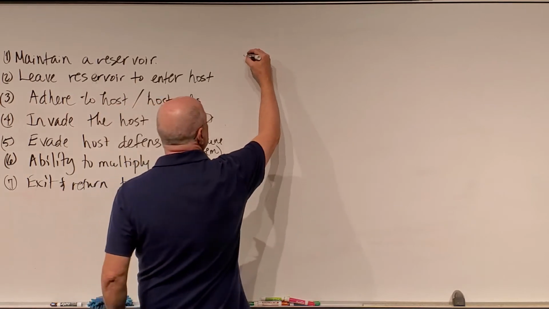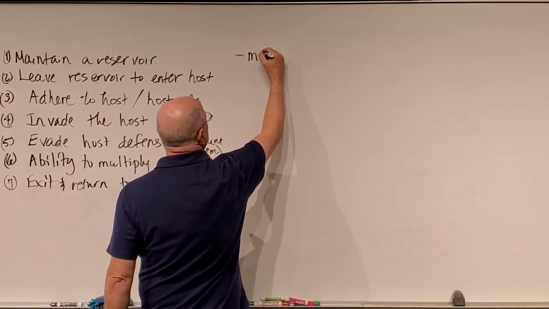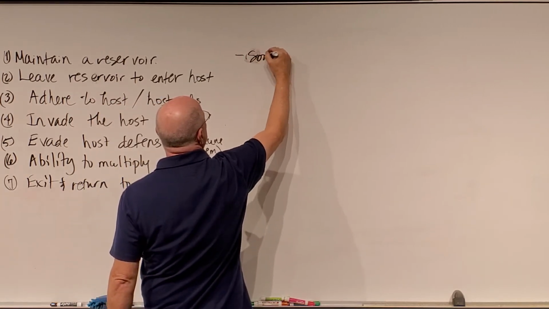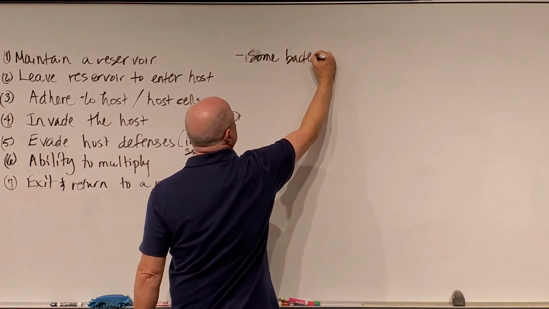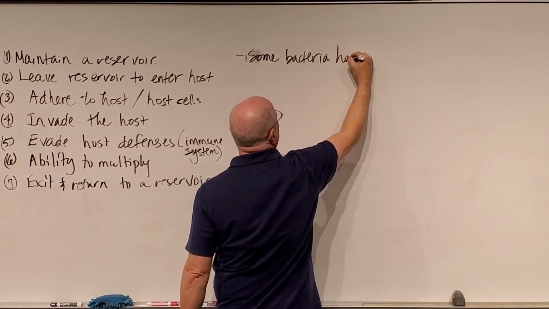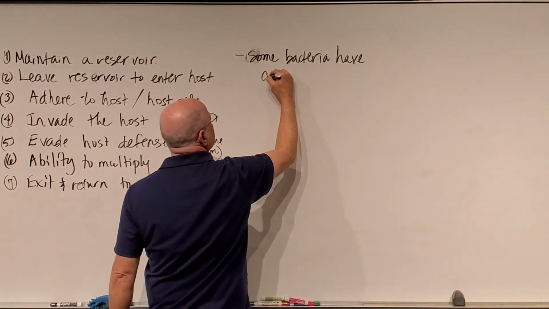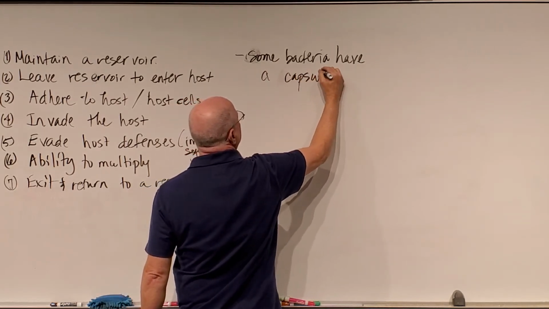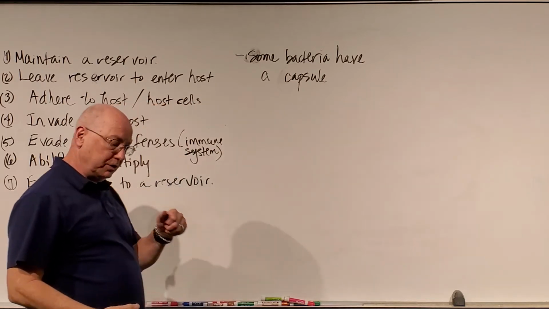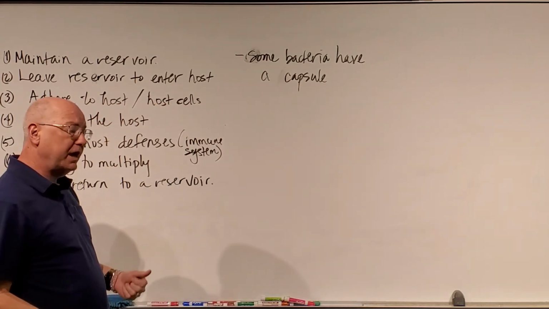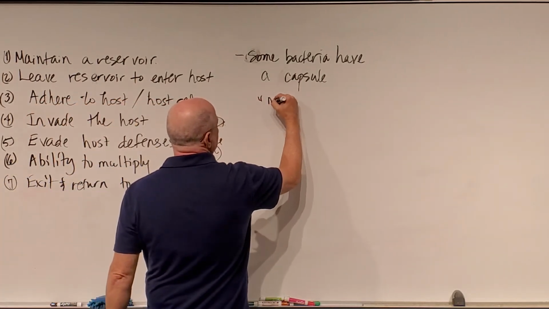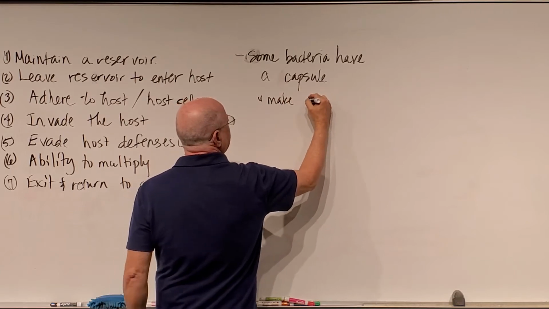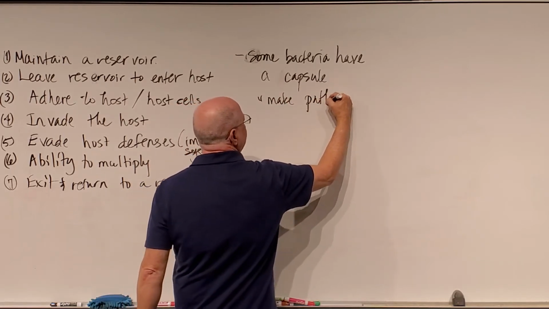One of the things that happens is some bacteria have a capsule. And not only can the capsule have certain proteins like the adhesins that we talked about a minute ago, but some capsules can make a pathogen slippery, so to speak.